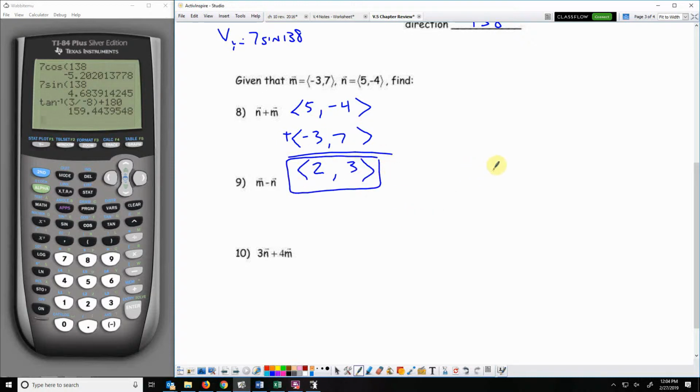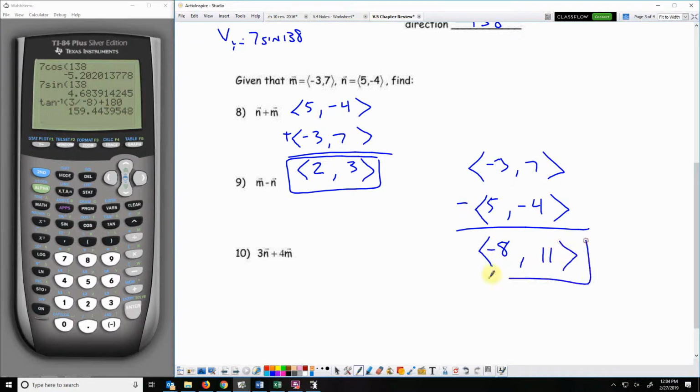M minus n, negative 3, 7, minus 5, negative 4. Negative 3 minus 5 is negative 8. 7 minus negative 4 is 11.